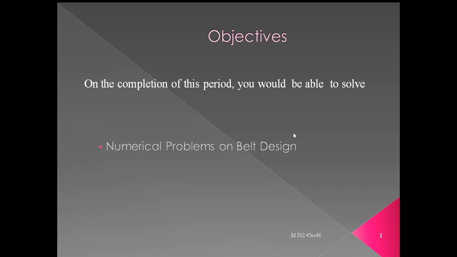Until now, we have discussed belt design, power transmission in drives, angle of contact, and length of belt. All these were discussed. So here we are doing some numerical problems on belt design.